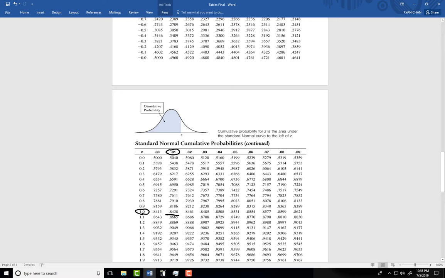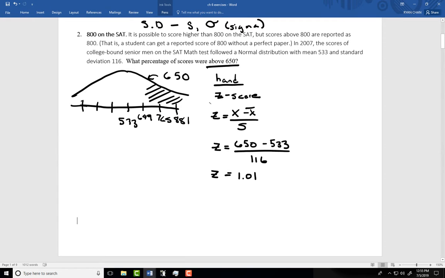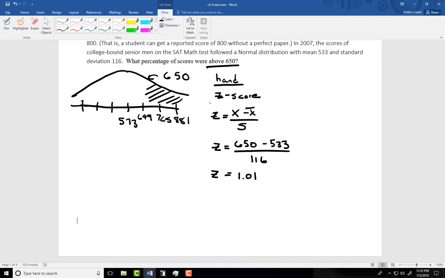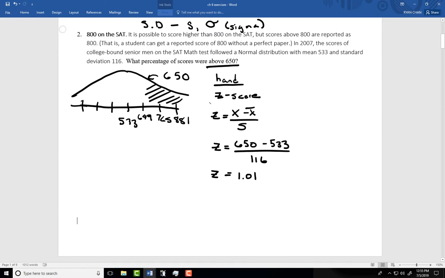Now what do we do? Remember, the area under your total curve is 100% or 1. So since I want the area to the right, I'm going to do 1 minus whatever I got from my table.